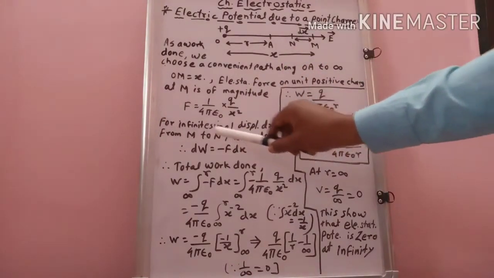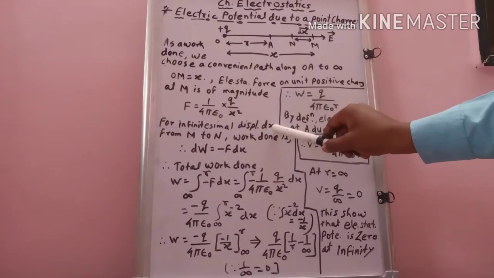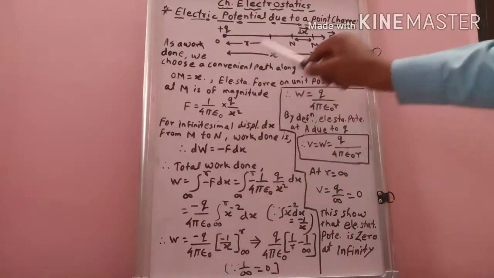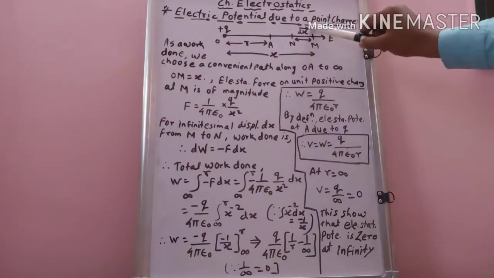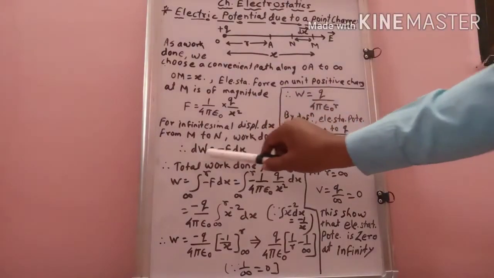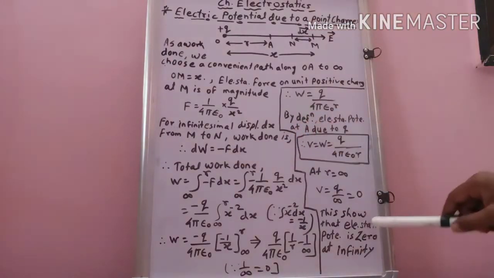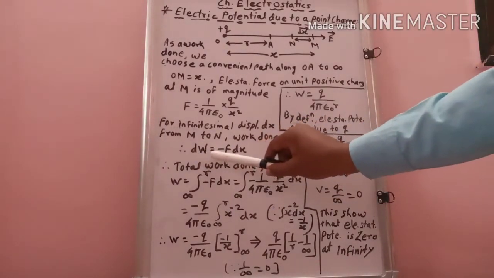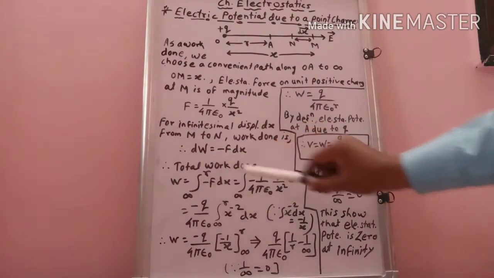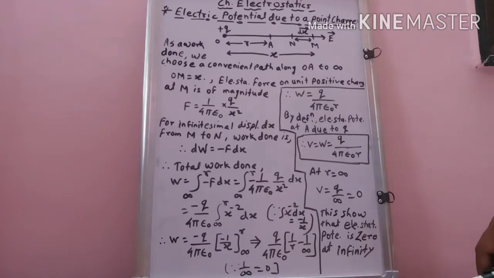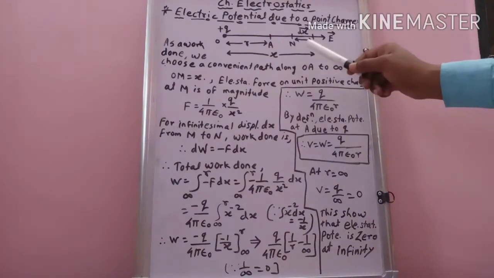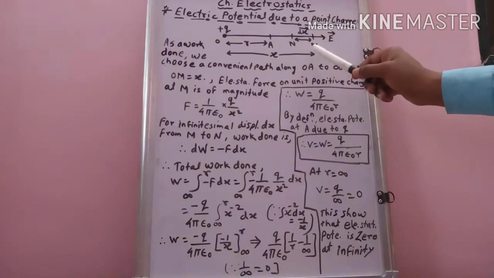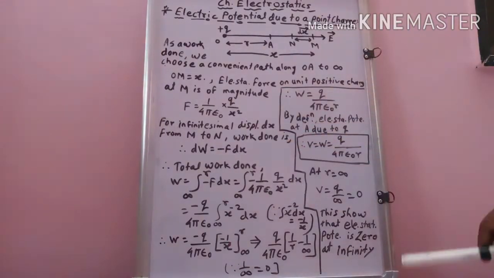The minus sign indicates that the displacement from M to N is directed opposite to the force, therefore the negative sign appears.